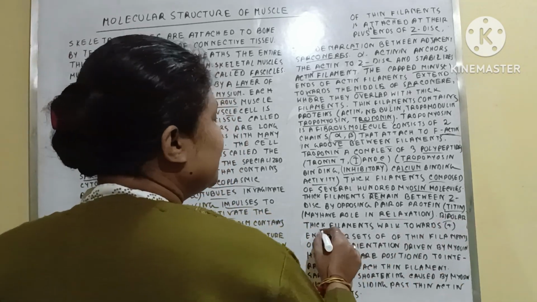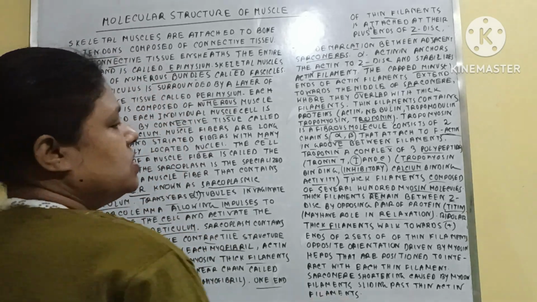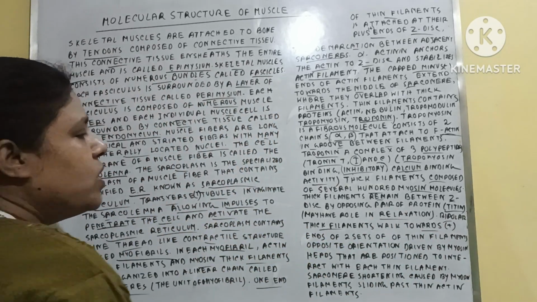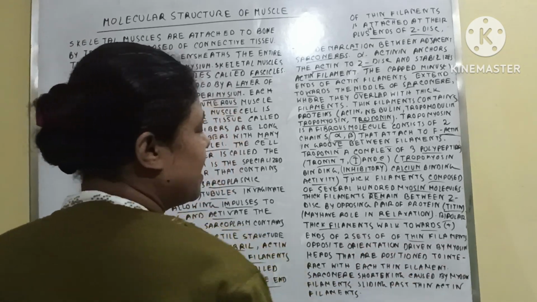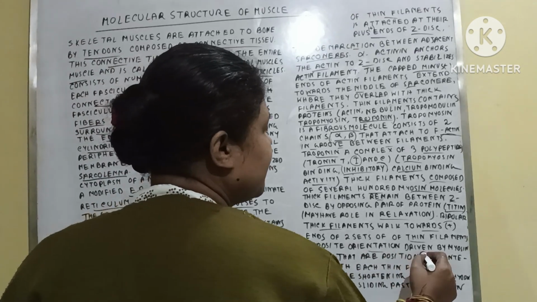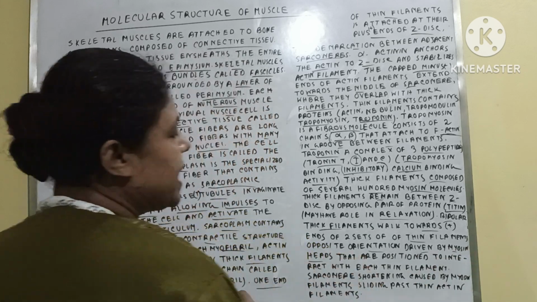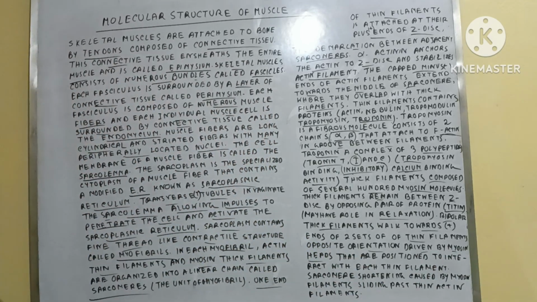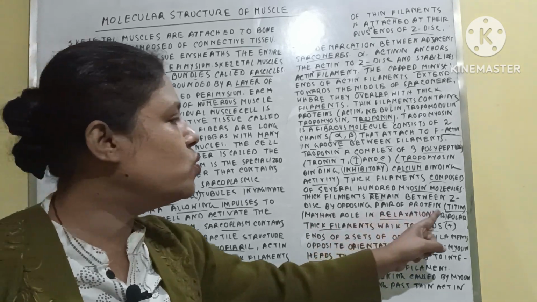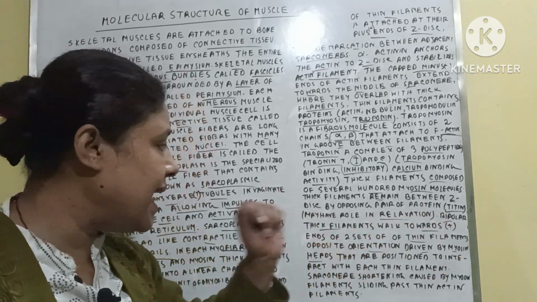Now bipolar thick filaments generally work towards the plus ends of two sets of thin filaments of opposite orientation and are driven by the myosin heads. So what is being said is that generally bipolar thick filaments work towards the plus end with the help of what?